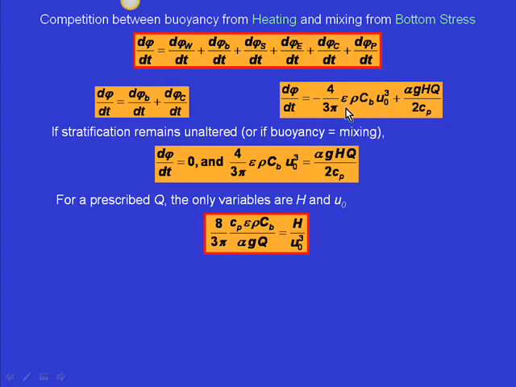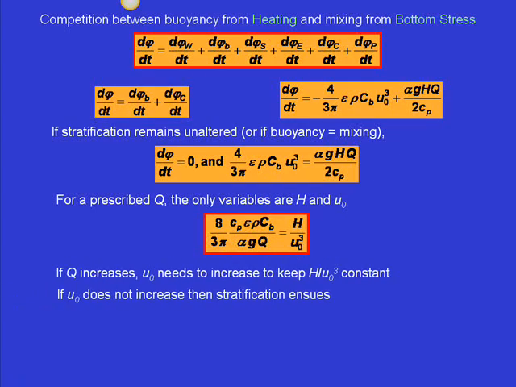Then the bottom drag coefficient, density of water. So again, the beauty of this parameter, h over u cubed, is that for any given prescribed heating rate, you can divide regions of stratified from destratified conditions using this parameter.